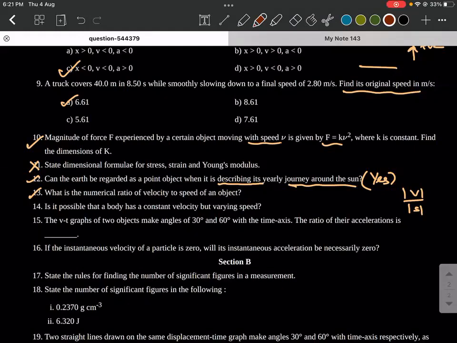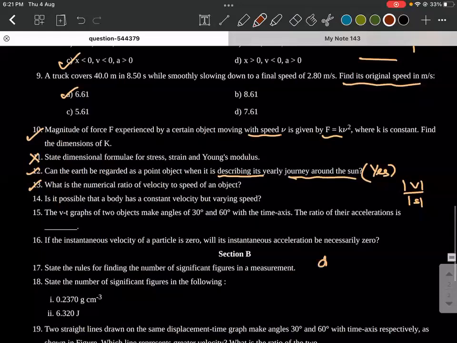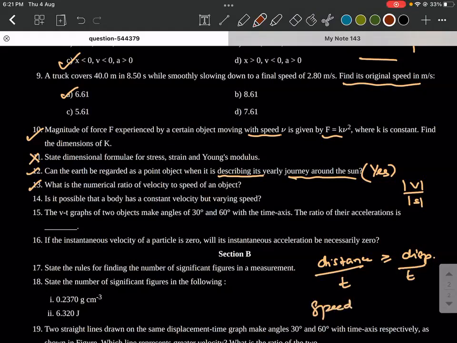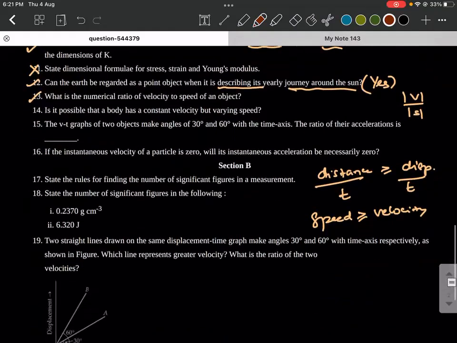Okay. So one point that is to be noted here is distance is always greater than or equal to displacement. If I divide it with time on both the sides, I can say speed is always greater than or equal to velocity. Okay. If I divide with speed on both the sides, one is greater than or equal to velocity by speed.